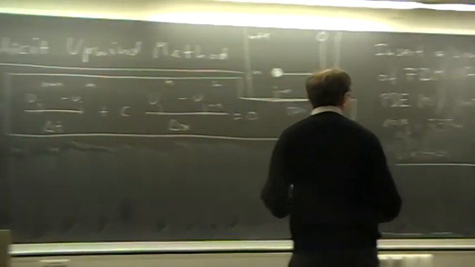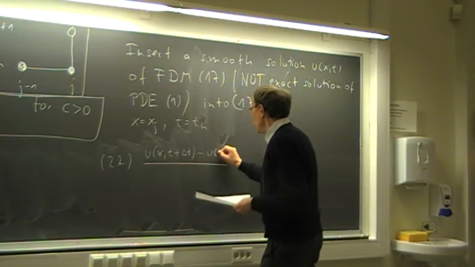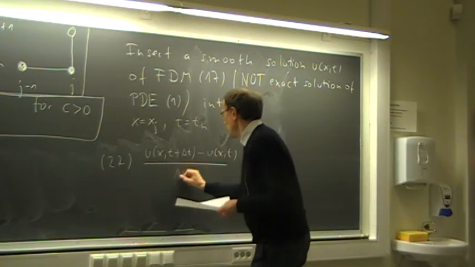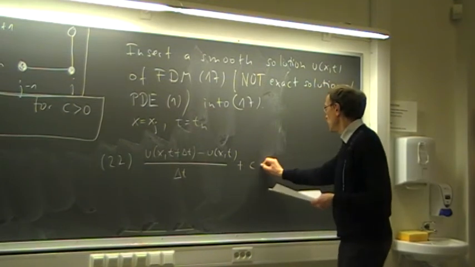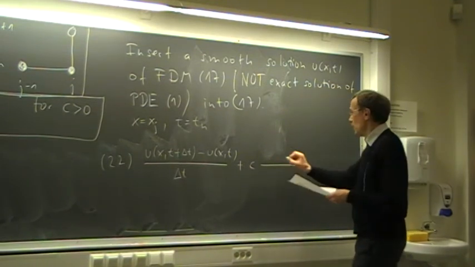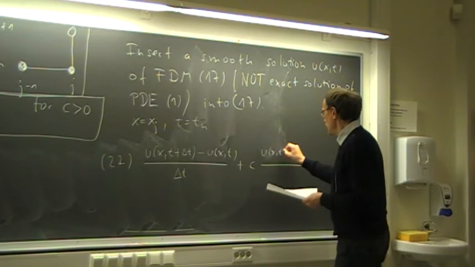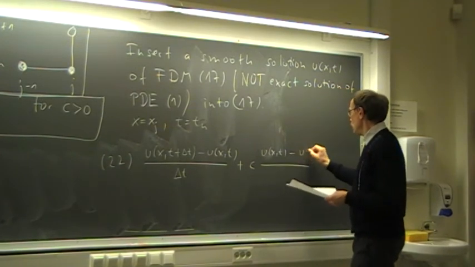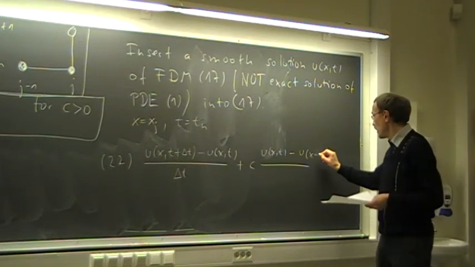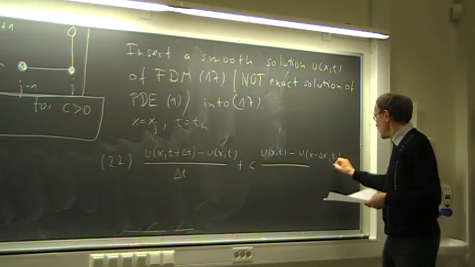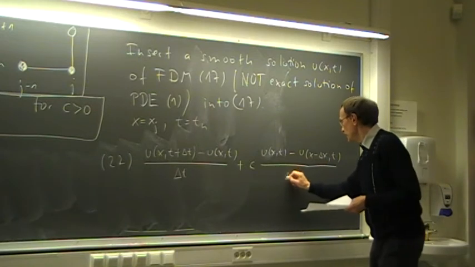This is then minus u of x,t divided by delta t, plus c. Here we do it similarly. We have u of x,t minus u of x j minus 1, that is at x minus delta x, t, divided by delta x.